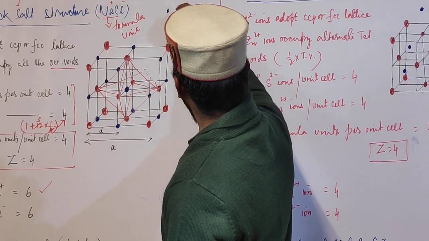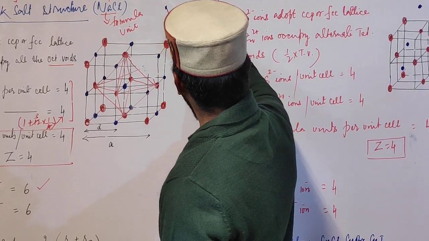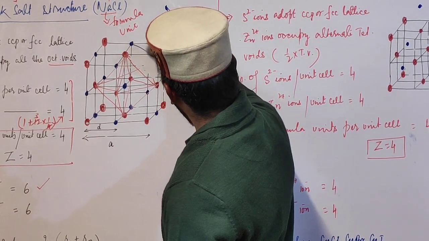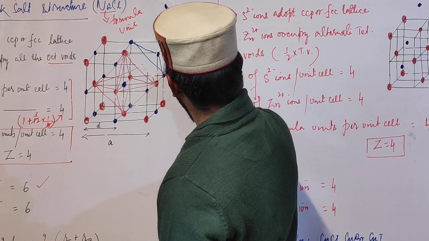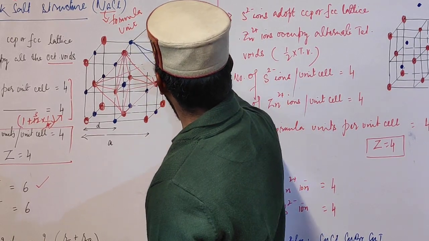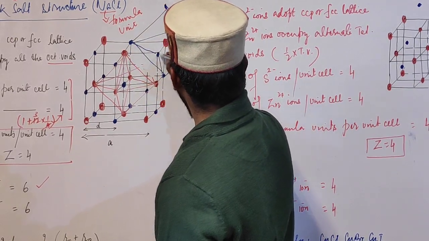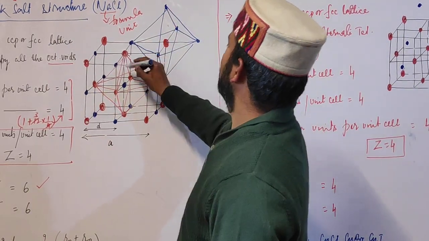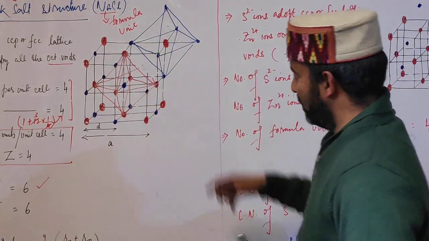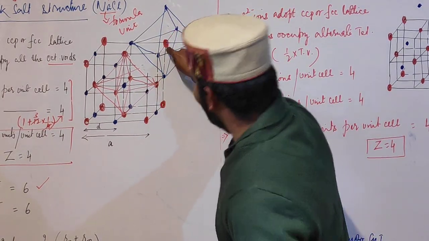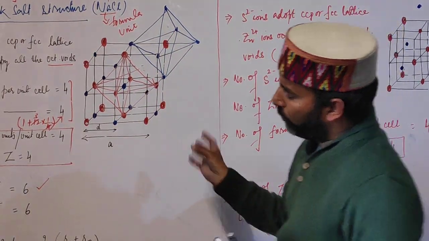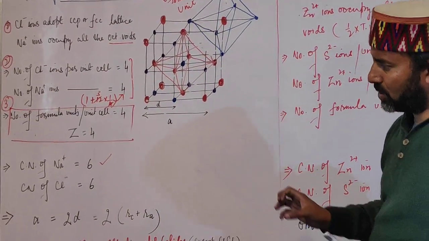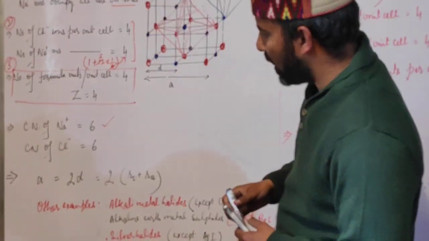And now you see we have 1, 2, 3 here and 3 on this face. So overall, how many do we have? 6 what? Sodium ions around each chloride ion. So the coordination number of both ions, sodium and chloride, is 6 each. So this was the coordination number of ions.